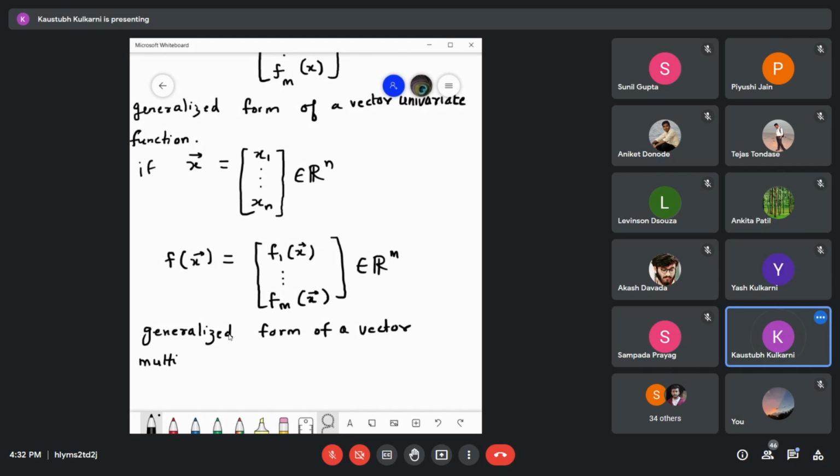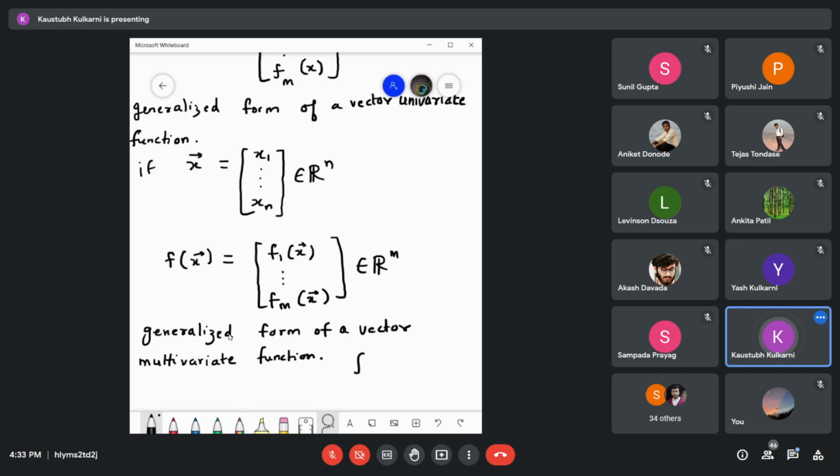Now here, this function f maps x vector, which is of dimension R^n, to this particular vector, which is of dimension R^m.